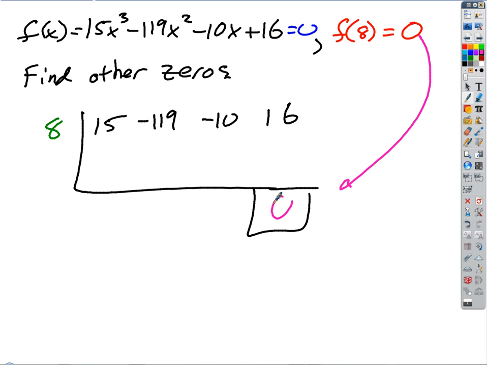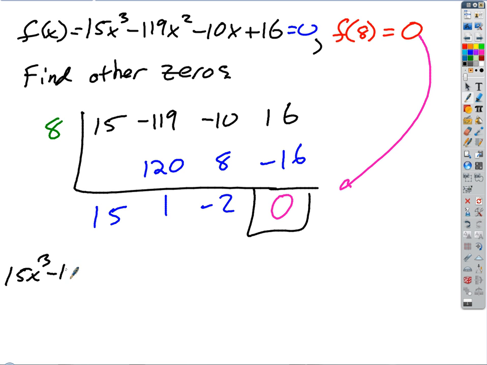Good. And so we end up with 15, 8 times 15, 120. So what goes down here? 1. 8, so negative 2. It worked, right? Okay.